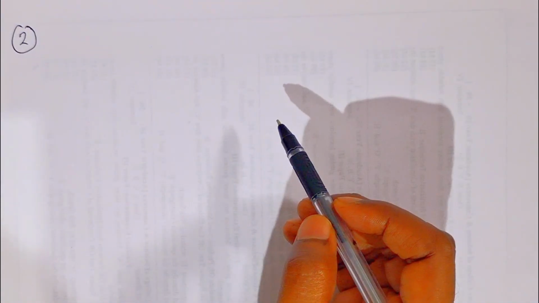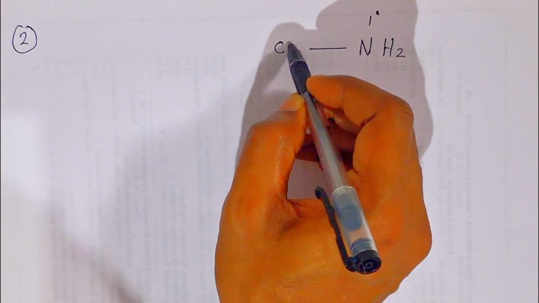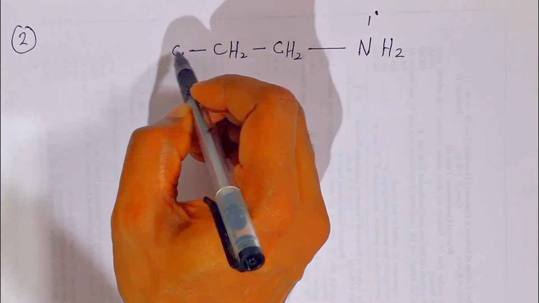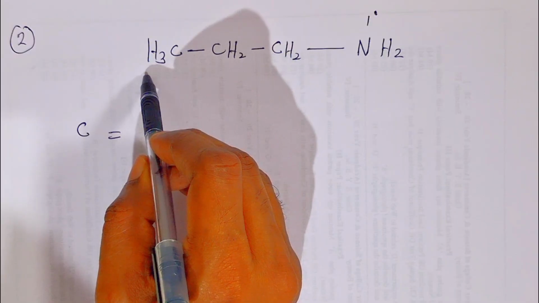Second molecule of amines. Here, nitrogen along with 2 hydrogens, so this is a first degree amine. Now this nitrogen is attached to CH2 and this is CH3. In common name, which alkyl is attached here?